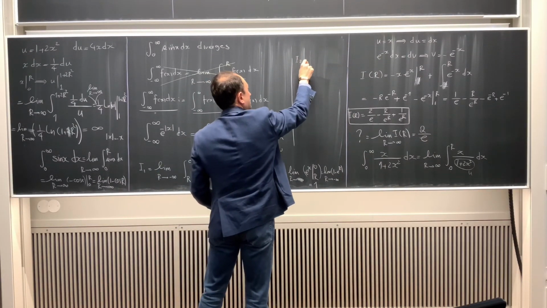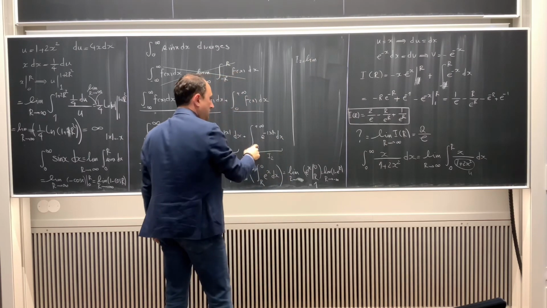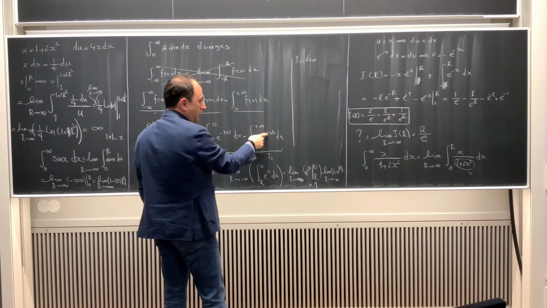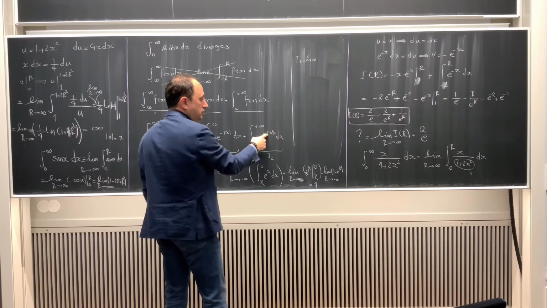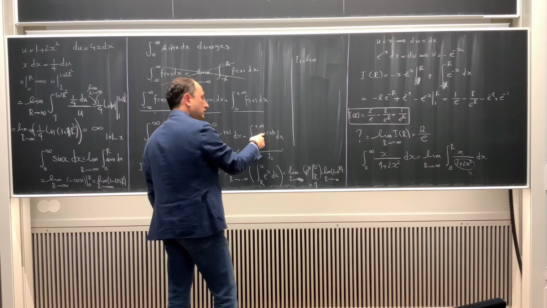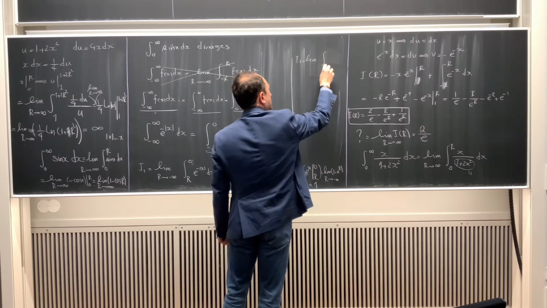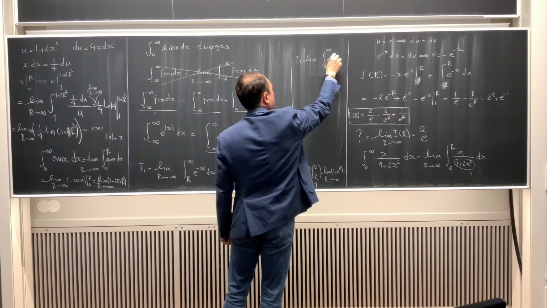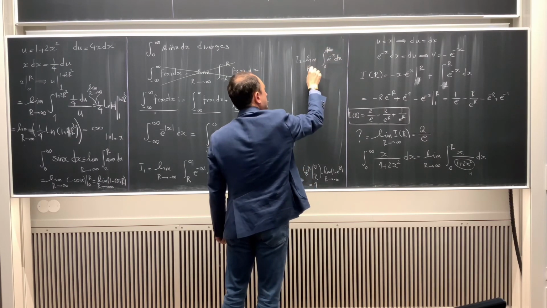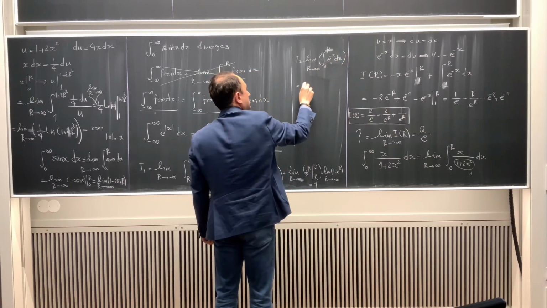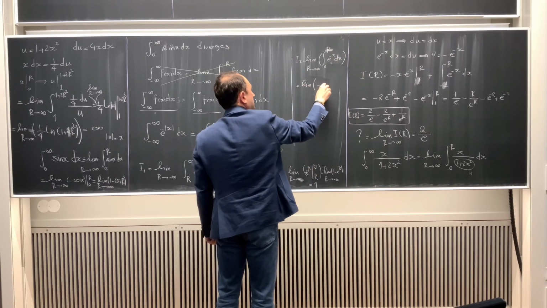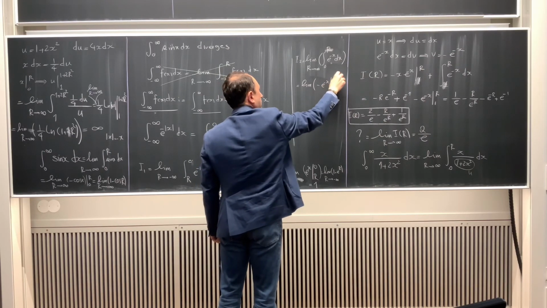Okay, I have to calculate the second one, I2. So I2 becomes the limit of this integral, but in this case, the absolute value I don't need because it is on the positive side. So this is just x, but there is a negative sign involved. So this becomes the integral from 0 to positive infinity of e to the power minus x dx, with r going to infinity. If I calculate that integral, it becomes minus e to the power minus x from 0 to r.